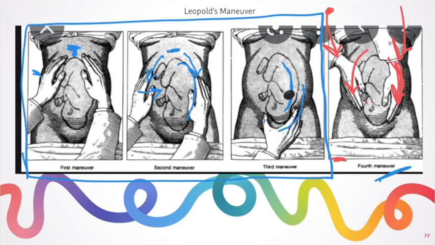That's really hard to do because babies don't like it when you do this. And it depends on if your mom is overweight. Is there lots of fat there between the muscle of the uterus and the skin? So this one's a little bit harder. So if you don't do this, I'm not going to be that upset about it. But I would like you to do the first 3 maneuvers with your faculty when you're in clinical.